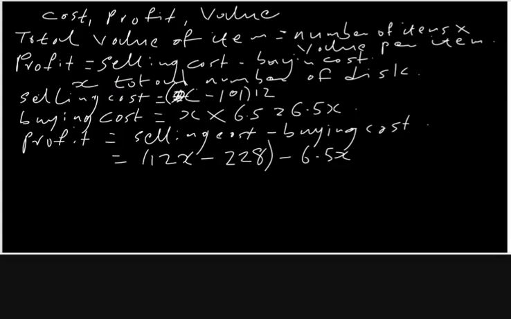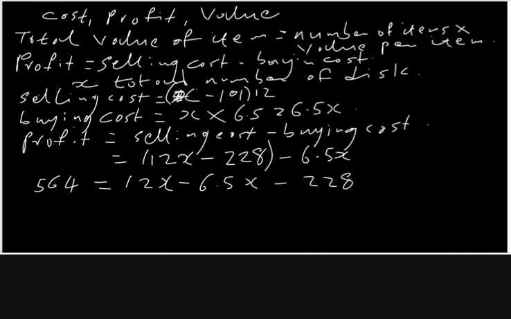Then the profit 564 should now be equal to this: 12x minus 6.5x, then minus 228.